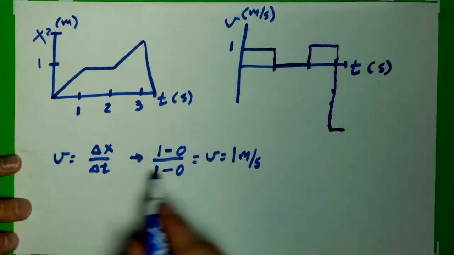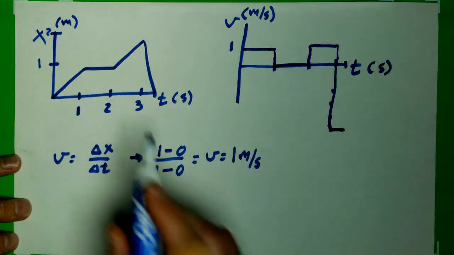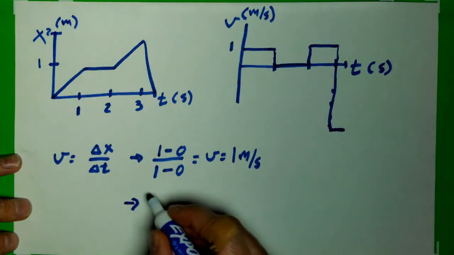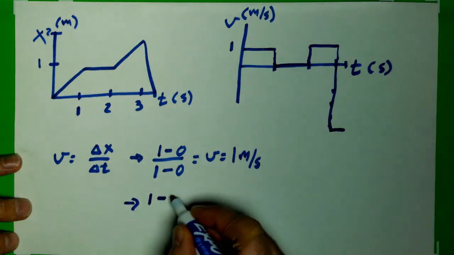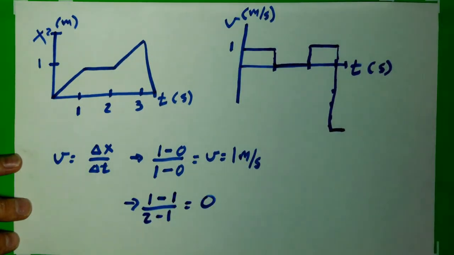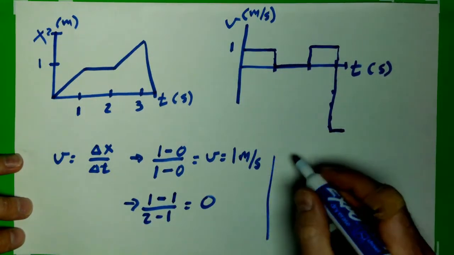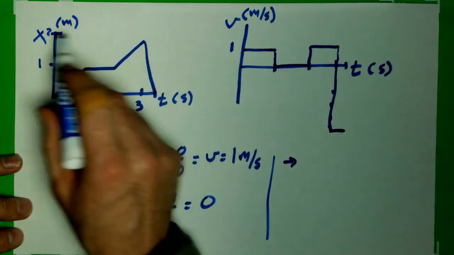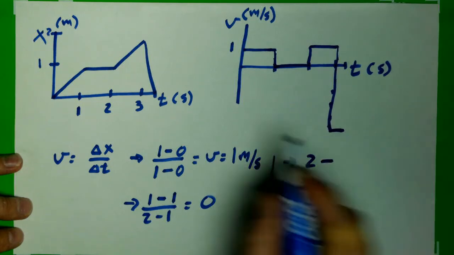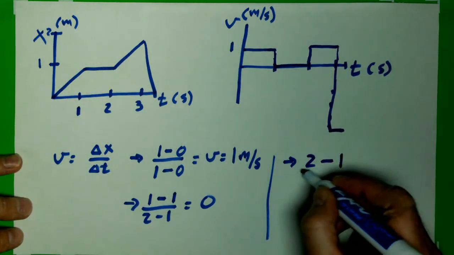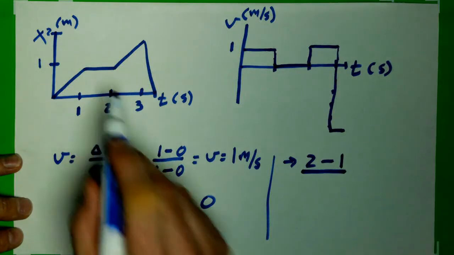Now in the second case, we have a rise of 0, though we have a run of 1 second. So in the second case, we have our final of 1 minus the initial, which was 1, over 2 minus 1, so that still gives us 0. In the third case, the final is now at 2 meters, so 2 meters minus the initial point of that section, which was 1 meter, over our time of 3 seconds minus 2 seconds.